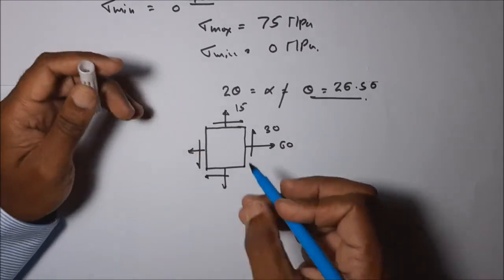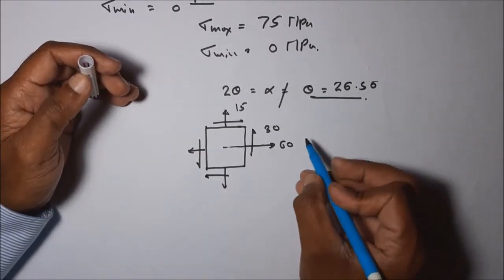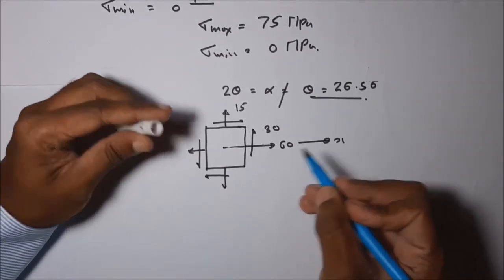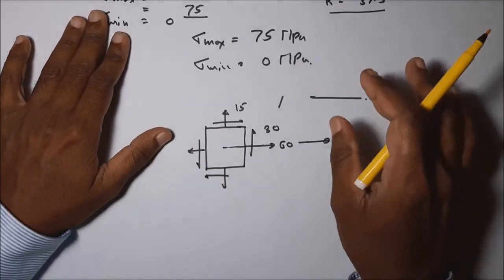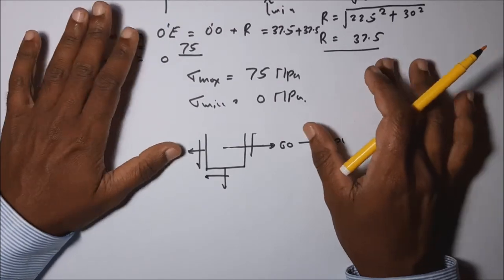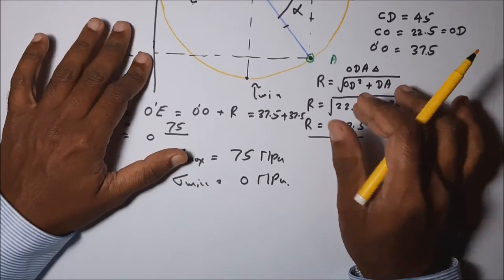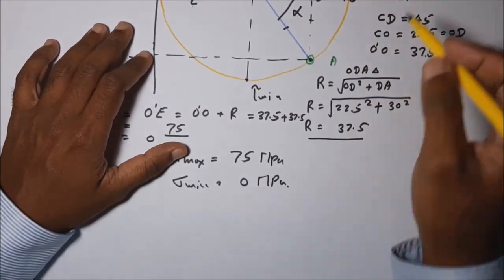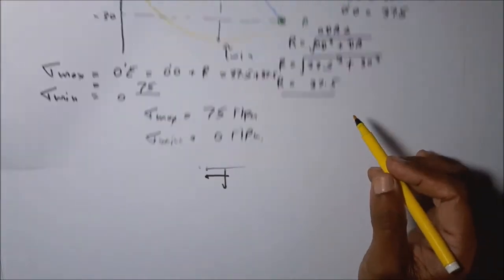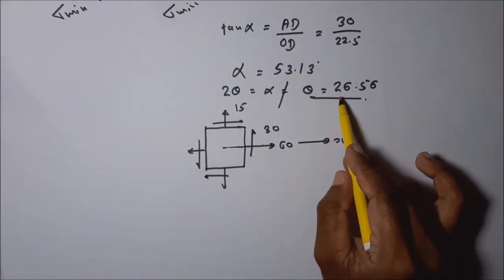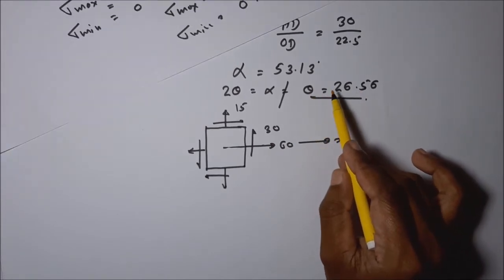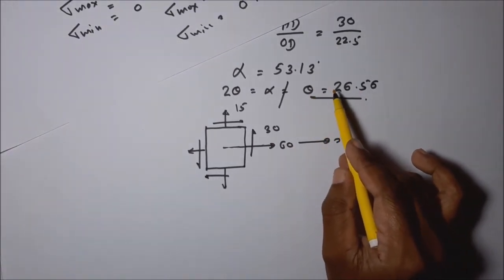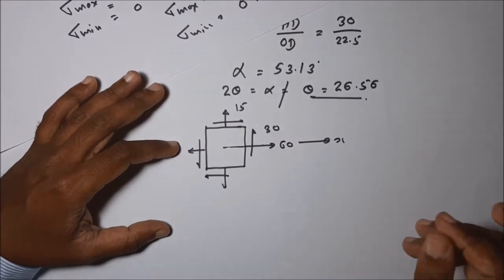Then this is the positive x coordinate direction. From this x coordinate direction, we get theta is equal to 26.56. At theta equal to 26.56, stress is maximized.